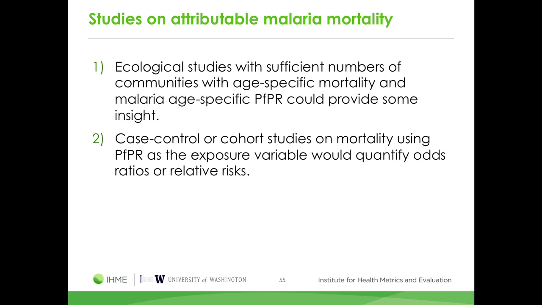And the other strategy would be to literally try to treat presence of parasites at certain quantitative levels, and you could define it differently, and use that as an exposure and do classic epidemiology to look at either odds ratios or relative risks, depending on the study design. I think there's ways to do that relatively quickly given existing data, and that might be an alternative to get out of this sort of conundrum about malaria.